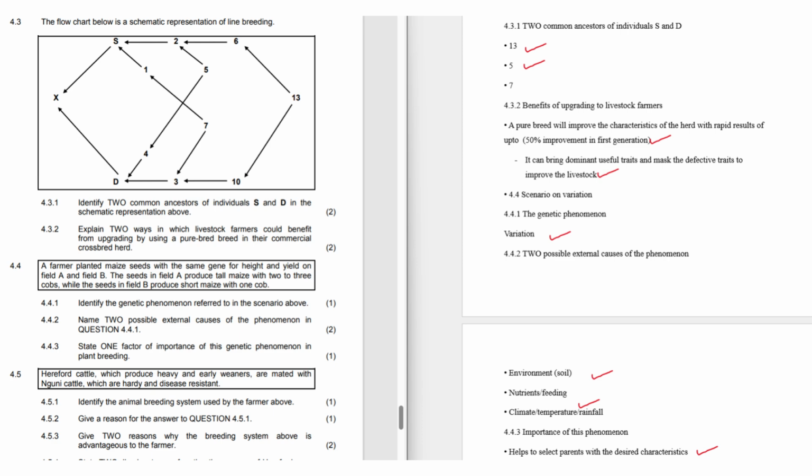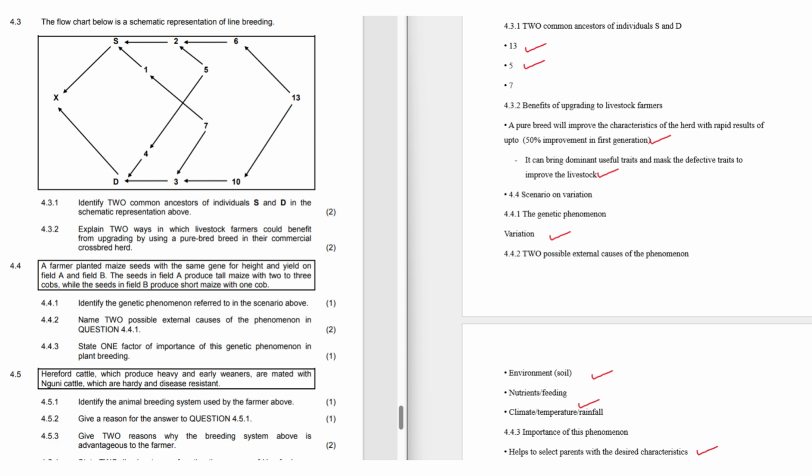So these two fields affected the yields of the two maize plants. That's why the maize plant grown in field A was tall, and the maize plant grown in field B was short.